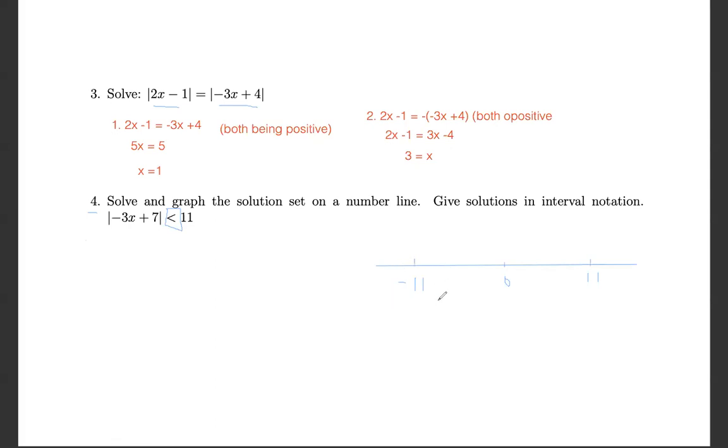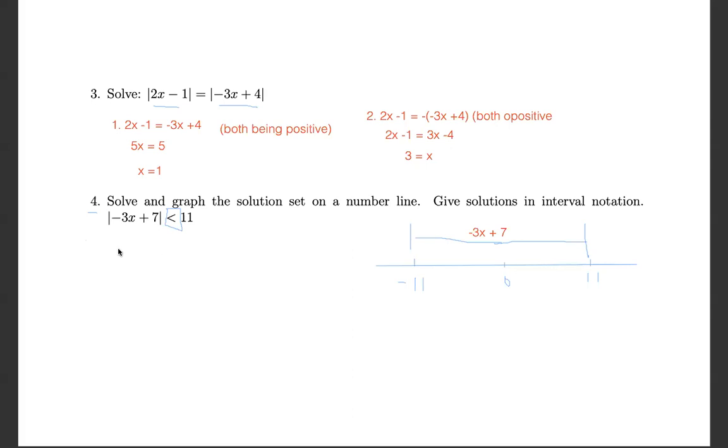So absolute value means we only consider the distance from the origin. The solutions have to be in between these, and that's negative 3x plus 7. The value of negative 3x plus 7 has to be in between those two for the absolute value to be less than 11.